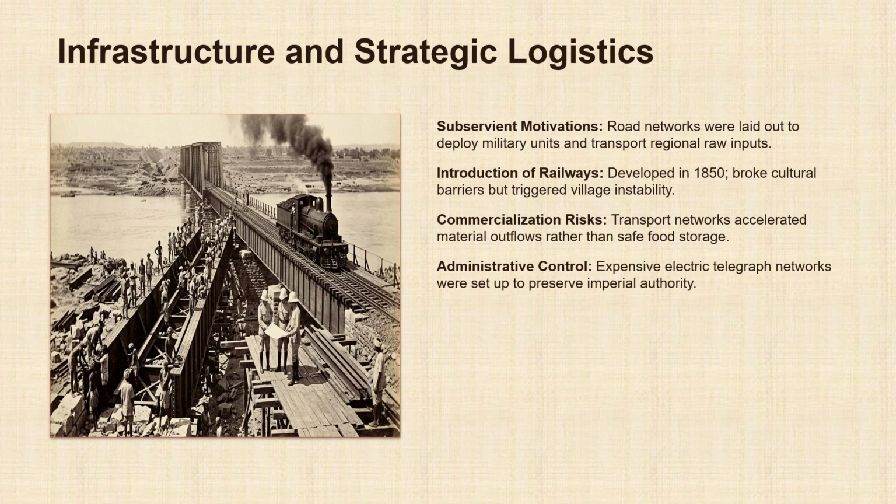The development of the railways in the 1850s is often cited as a key infrastructure benefit, according to the Britishers, obviously. However, historical data reveals that its economic cost outweighs its social advantage. The network was laid out to link rural extraction zones directly to major shipping ports.